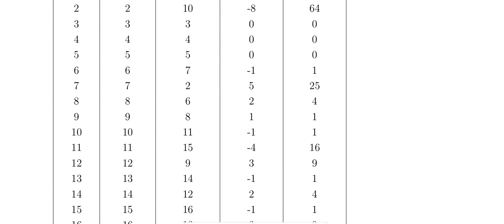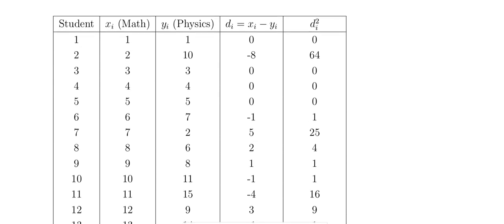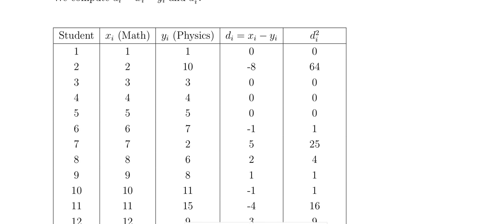The ranks are given, that is xi the maths rank and yi the physics rank. Then di equals xi minus yi, and di square we can find out.